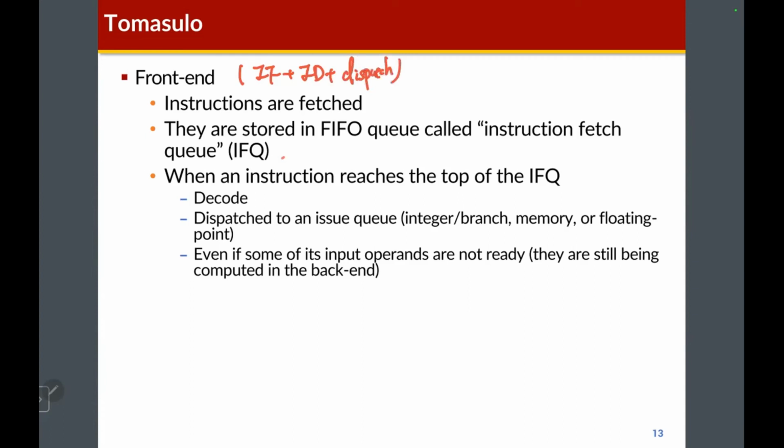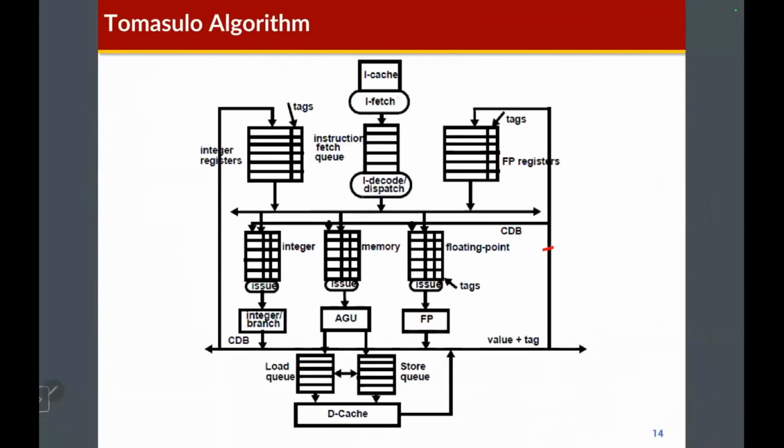Instructions are fetched from the instruction cache by the instruction fetch engine, and then the fetched instructions are queued in the instruction fetch queue. It's called the IFQ. In computer architecture, we frequently use abbreviations, so please remember the abbreviation of each component name.